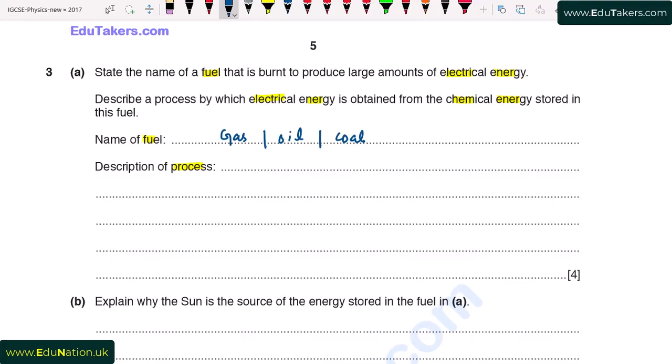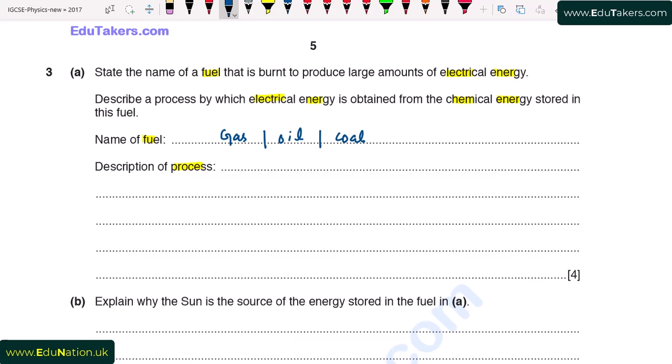And all of these are used to produce a large amount of electrical energy. By which process do we get the electrical energy from the chemical energy? First of all, these fuels burn and they produce thermal energy. This thermal energy is used to produce steam and the steam rotates the turbine. The turbine is used to drive the generator which produces electricity. So in this way we use gas, oil or coal to get electrical energy.